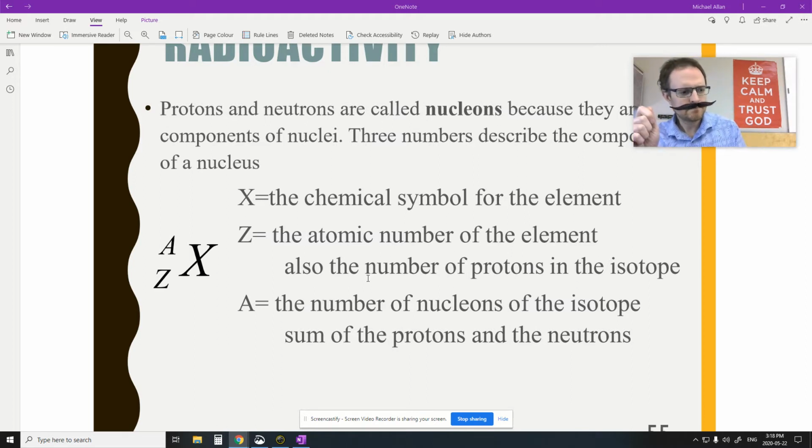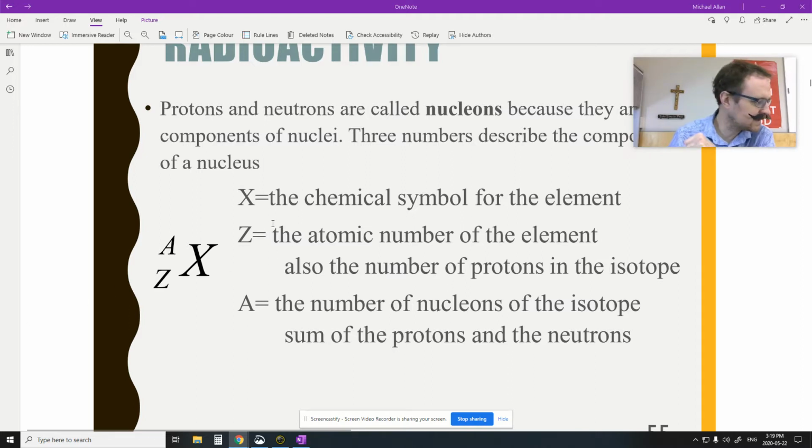Okay? So we're going to deal with what we call nuclear notation here. If I'm going to write out an element, this is element X, which doesn't exist, just a random thing. This could be He for helium, could be Ag for silver, Au for gold, Ca for calcium, etc. Okay.